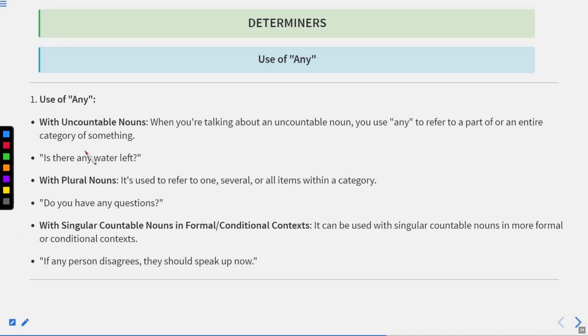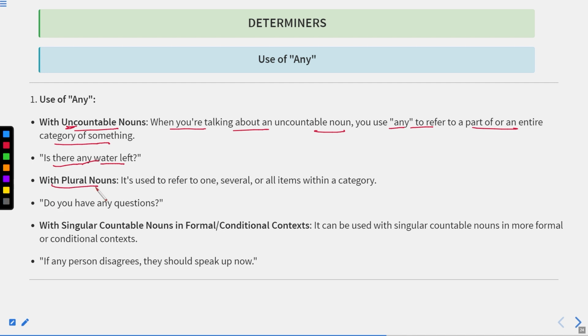Uses of any. The first one is with uncountable nouns. When you are talking about an uncountable noun, you use any to refer to a part of an entire category of something. Is there any water left? Water is uncountable, and before that we have used the word any to show that even a single drop of water.